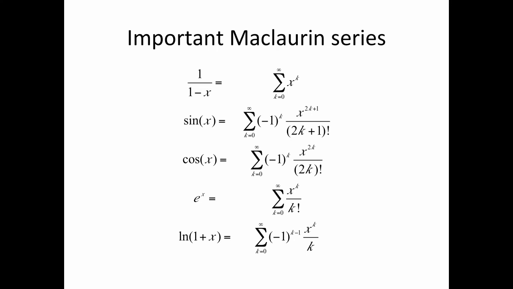Sine: recall that the derivative of sine is cosine. So the second derivative of sine is negative sine. The third derivative is negative cosine. And the fourth derivative is back to sine again.